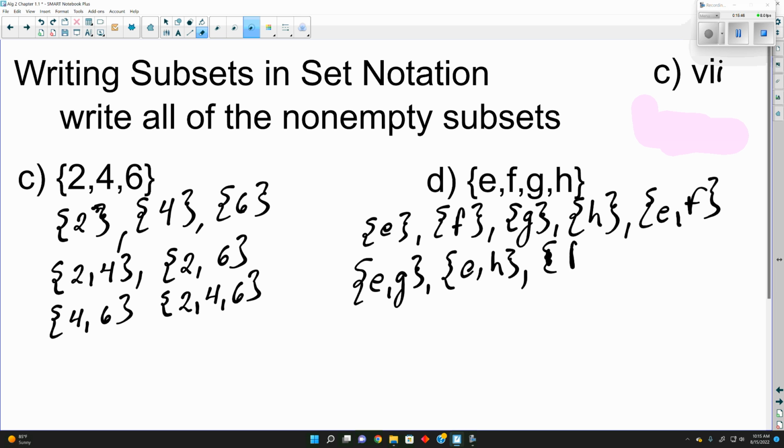Then we would have FG, FH, and GH would round out all the pairs of 2.